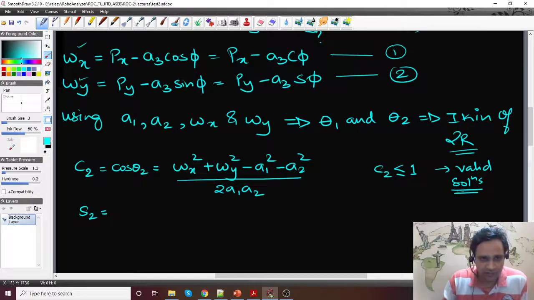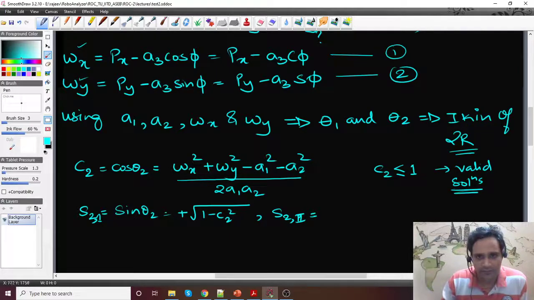Similarly, s2 is another variable. I'll write sine theta 2, which will be plus or minus. The first solution is square root of 1 minus c2 square, and the second solution will be minus square root of 1 minus c2 square. So there are two solutions possible. That is what we have seen in elbow up and elbow down.